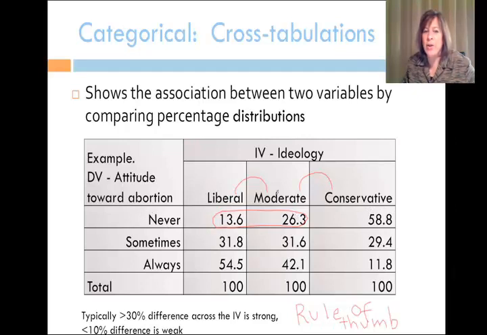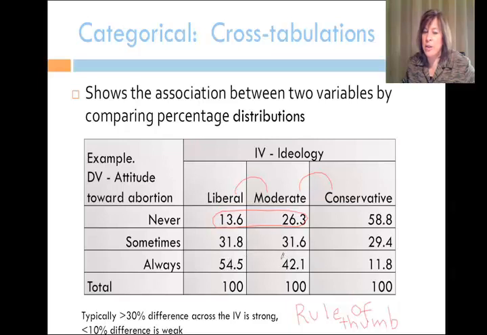And you can tell that the relationship is kind of strong because there's greater than a 30% difference between the liberal and the conservative, and between the moderate and the conservative. So one way to interpret this cross-tabulation is to say conservatives are much more likely to say abortion is never okay than liberals or moderates.